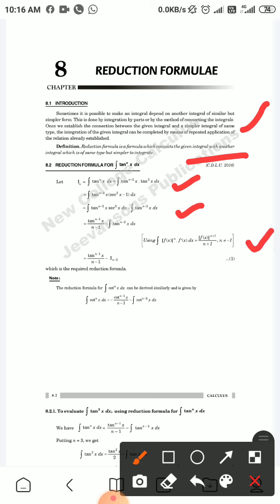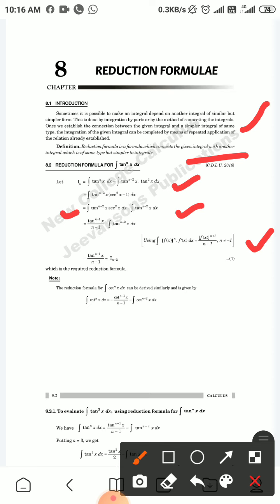Using this formula here, we integrate the first integral, that is integration tangent raised to power n minus 2 x into secant square x, as tangent x derivative is secant square x. Therefore using formula we have integration as tangent raised to power n minus 1 x divided by n minus 1 minus integration of tangent raised to power n minus 2 x dx.